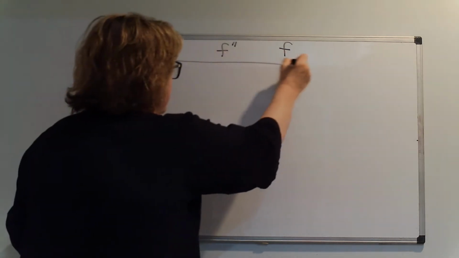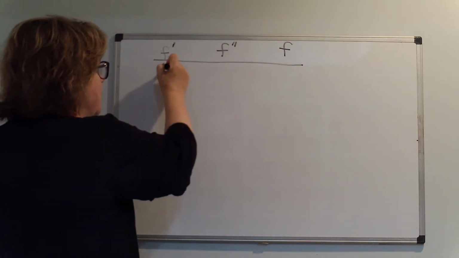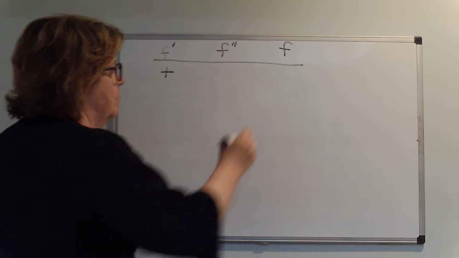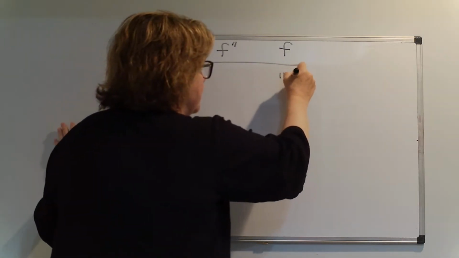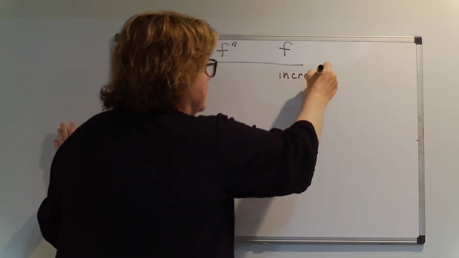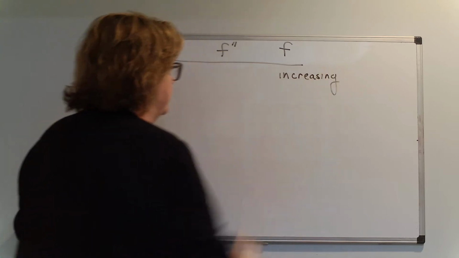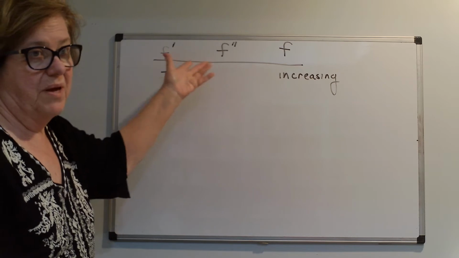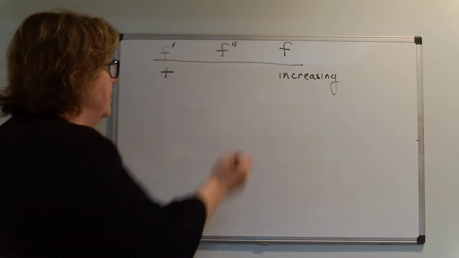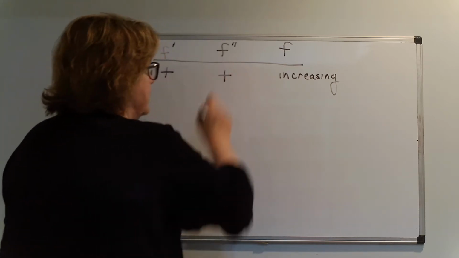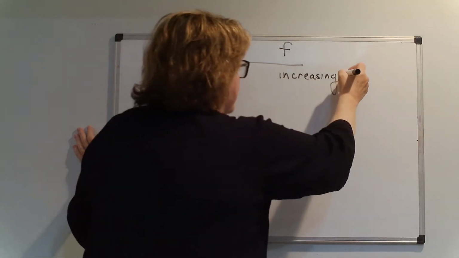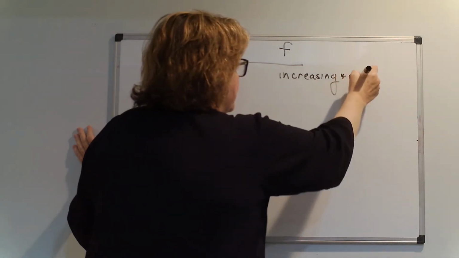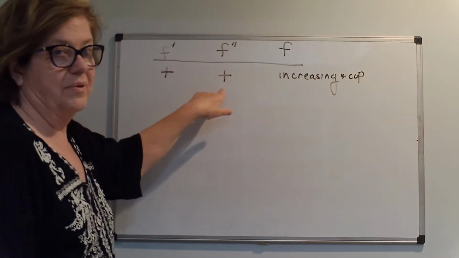So, if the first derivative is positive, we know the function is increasing. But the second derivative could be positive or negative. If the second derivative is positive, then the function is concave up.